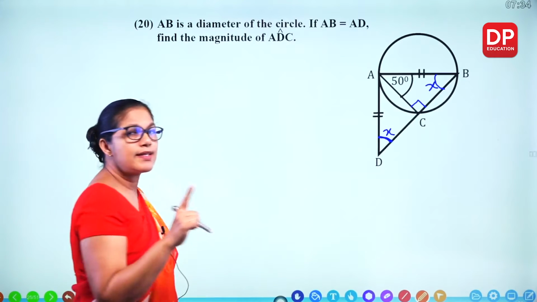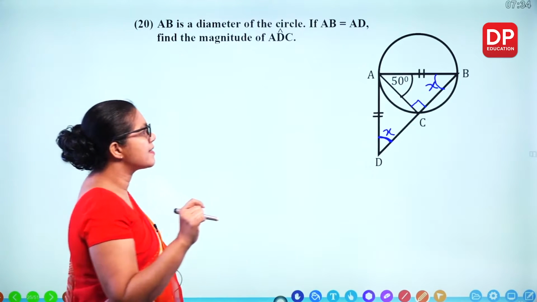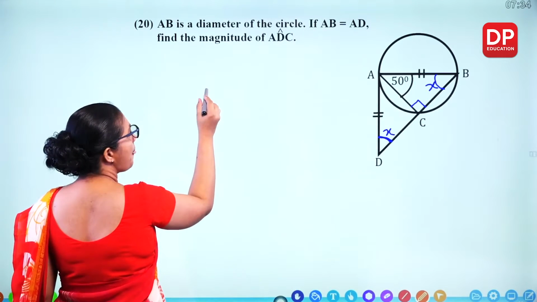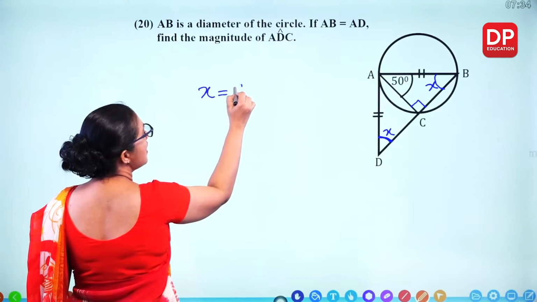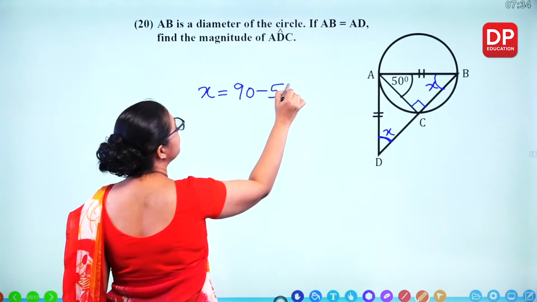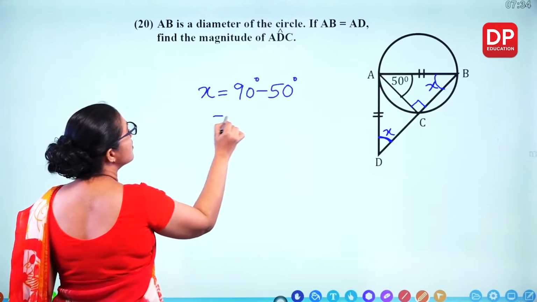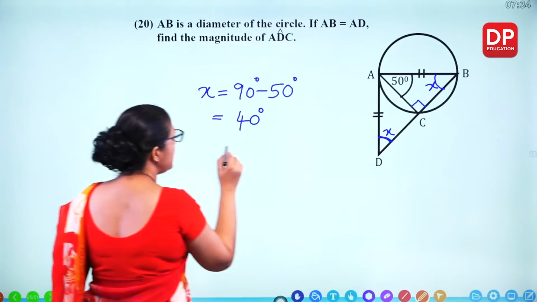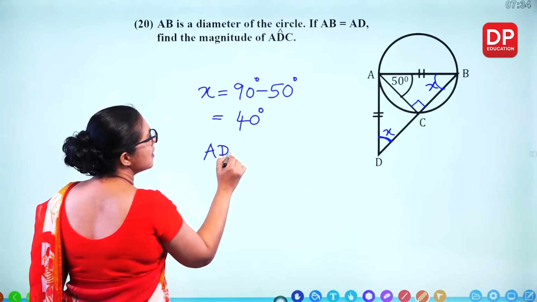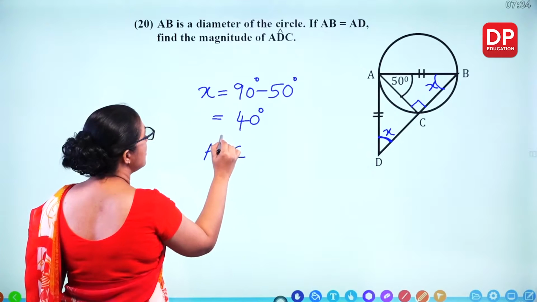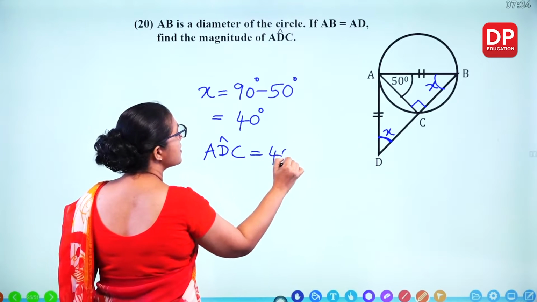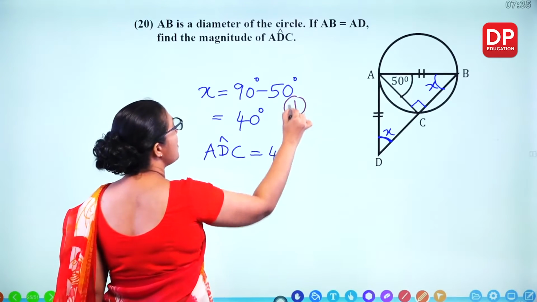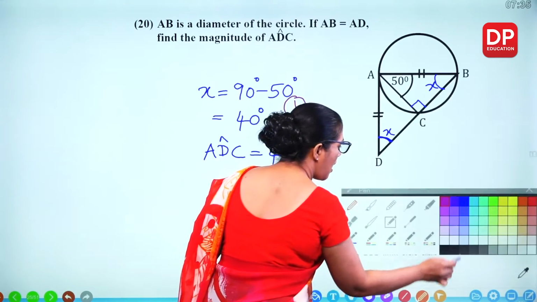This is 90 degrees. Semicircle angles are 90 degrees. So you can find x using triangle ABC. x is 90 minus 50, so 40 degrees. So if this is 40, angle ADC is also 40 degrees. So 1 mark for the method and 1 mark for the answer.